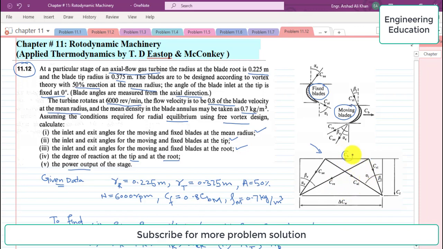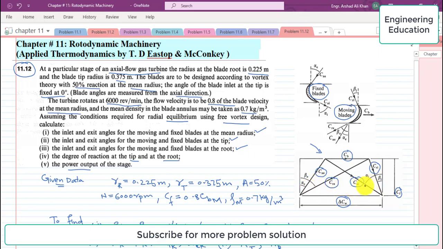CB is the blade velocity, CAI is the absolute velocity at inlet, CRI is the relative velocity with respect to the blade at inlet, CRE is the relative velocity at exit, CAE is the absolute velocity at exit, and delta CW is basically the change in whirl velocity. CF is the flow velocity, and it is the Y component of absolute velocity at inlet.